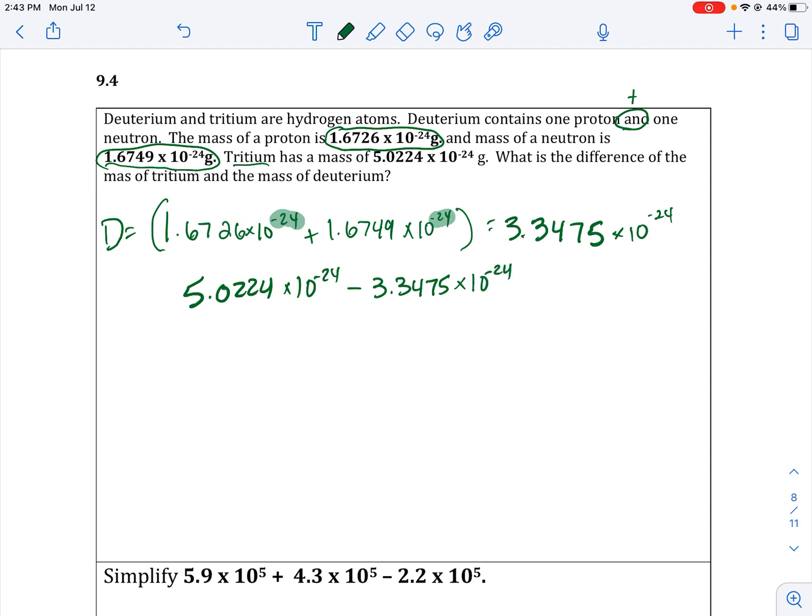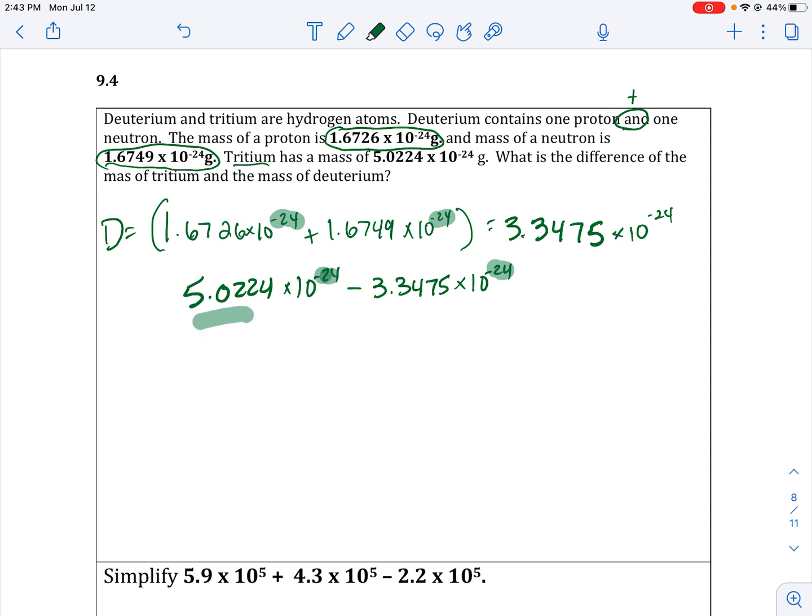So the first thing I'm going to look at is my exponents. If they are the same, I can just go ahead and subtract them. And in this case, they are exactly the same. Therefore, I can go ahead and just subtract these numbers because I have like terms.